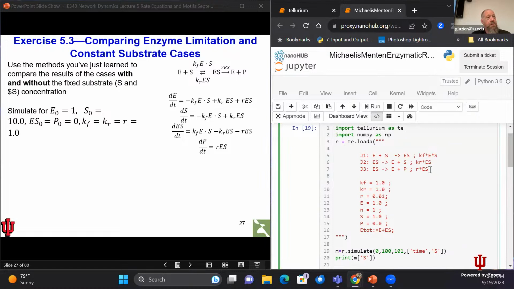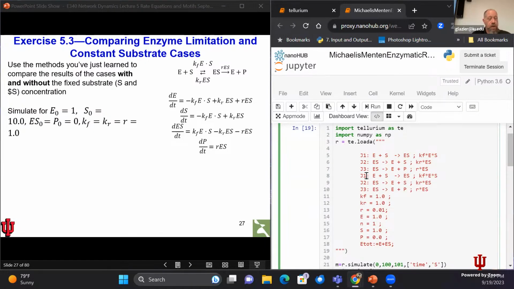So I'm going to solve this problem in a very brute force way by just duplicating my lines.